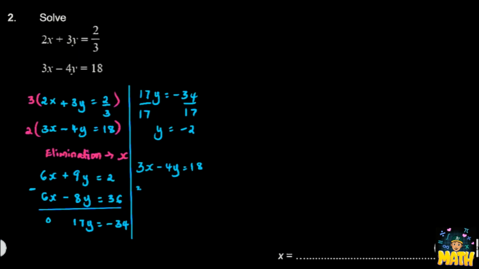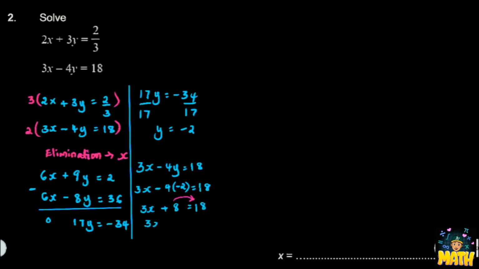So I'll use the second one, 3x minus 4 times the value of y, which is negative 2, equals 18. So 3x minus 4 times negative 2, that's a negative times a negative, which gives you positive 8.